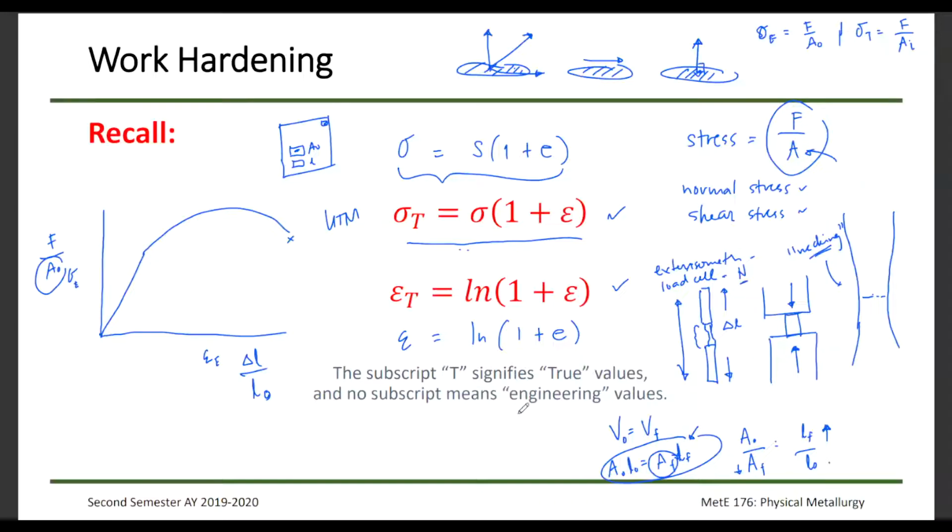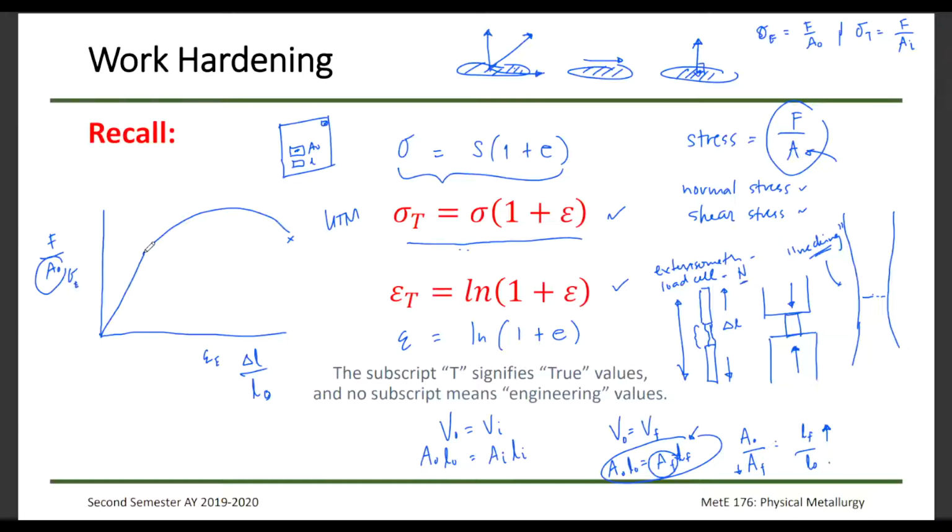No? Okay, so you can input it like this. So this is instantaneous volume. A naught L naught is equal to A instantaneous L instantaneous, and from here pwede mo na ma-derive to. So I won't show it anymore here, pero pwede nyo siyang ma-derive on your own. No? Okay, so that's engineering stress and how we can relate that.